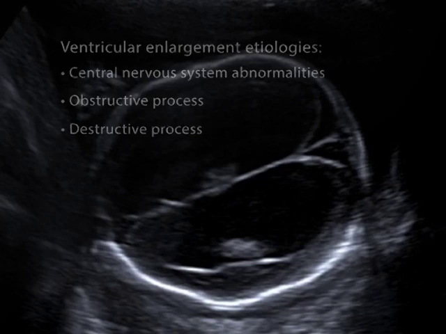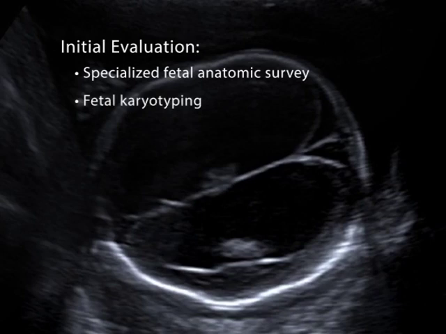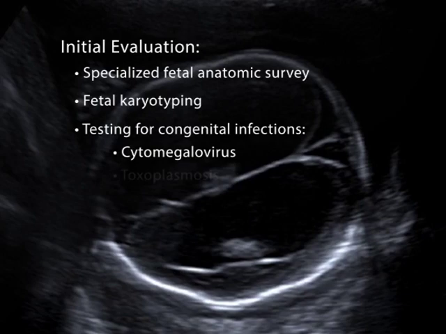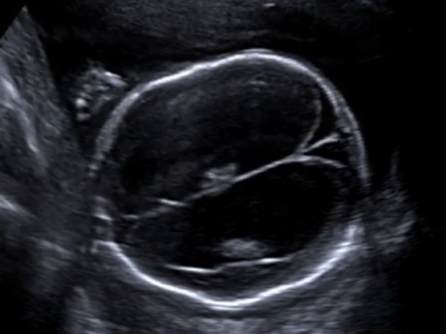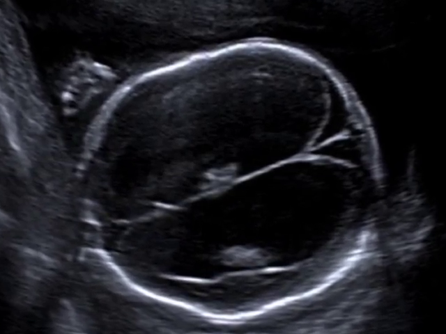Thus, initial evaluation involves specialized fetal anatomic survey, fetal karyotyping, and testing for congenital infections such as cytomegalovirus and toxoplasmosis. This 19-week fetus with severe ventriculomegaly had Down syndrome.